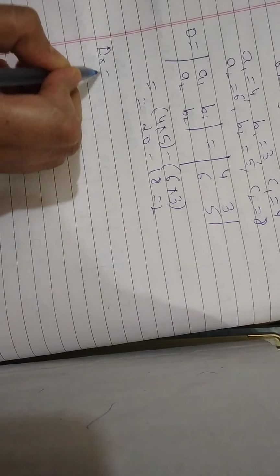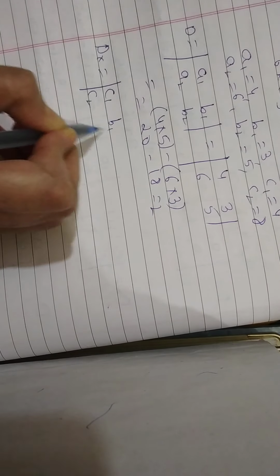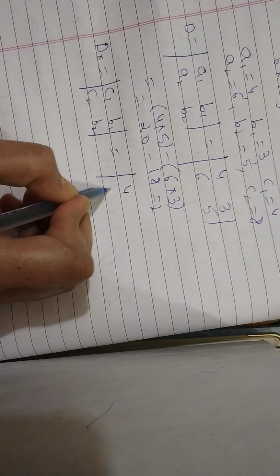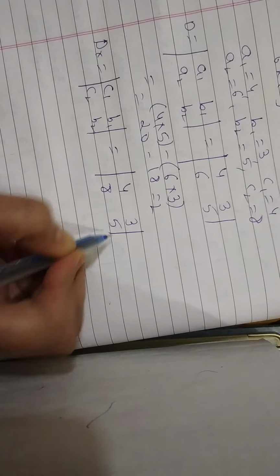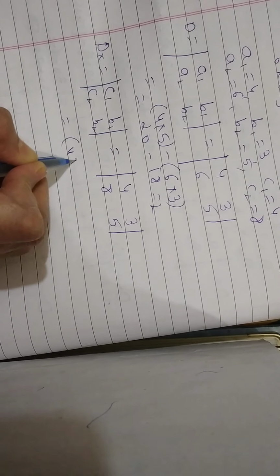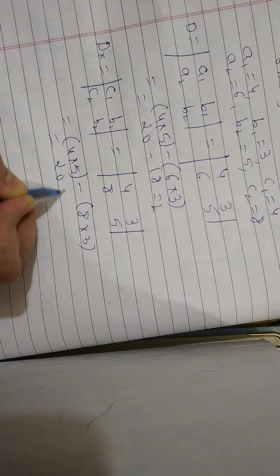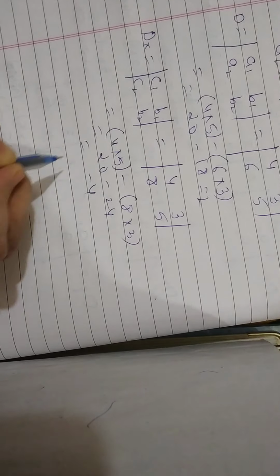Now Dx. C1, C2, B1, B2. C1 is how much? Minus 4, 8. B1, 3, 5. Minus 4 into 5 minus 8 into 3. Minus 20 minus 24.